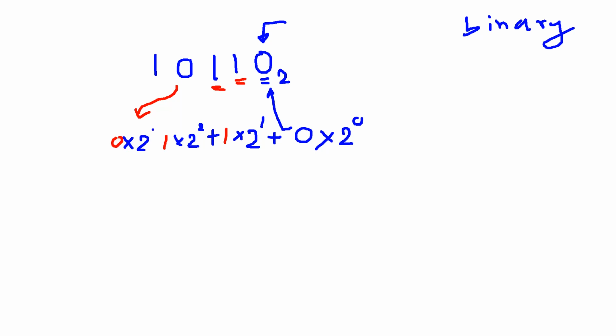Multiply 2 to the power of 3, plus this one, 1, multiplied by 2 to the power of 4, right? This one is 0.